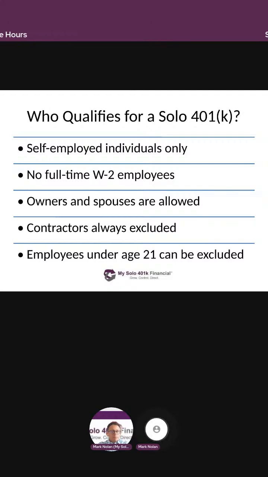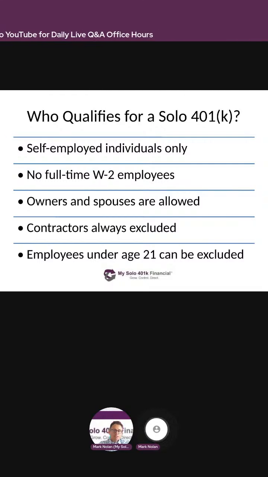However, the way contributions are calculated and taxed can vary depending on how the business is structured. Two of the most common structures are sole proprietorship, so think of a Schedule C, and then S corporation. Think of a Form 1120-S, which is the tax return that applies to an S corporation.